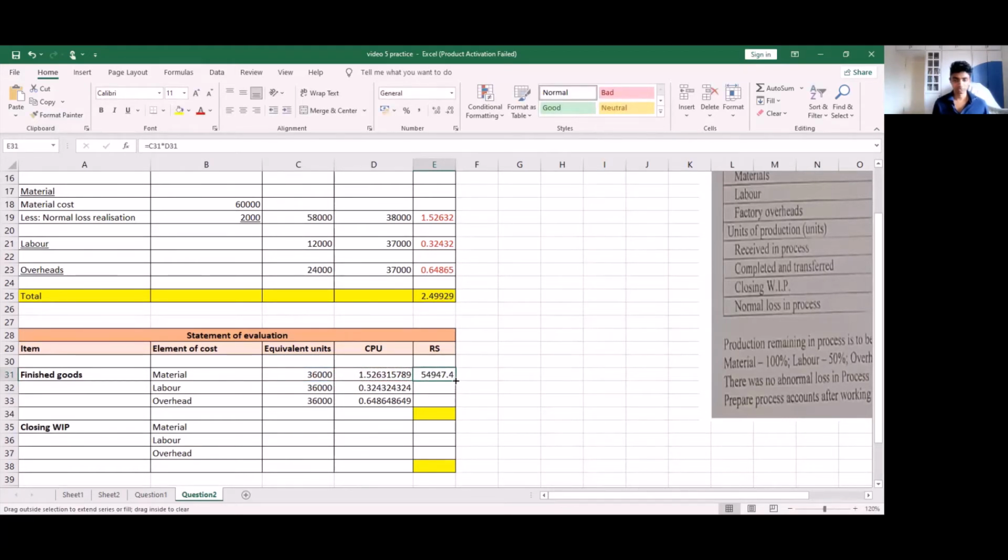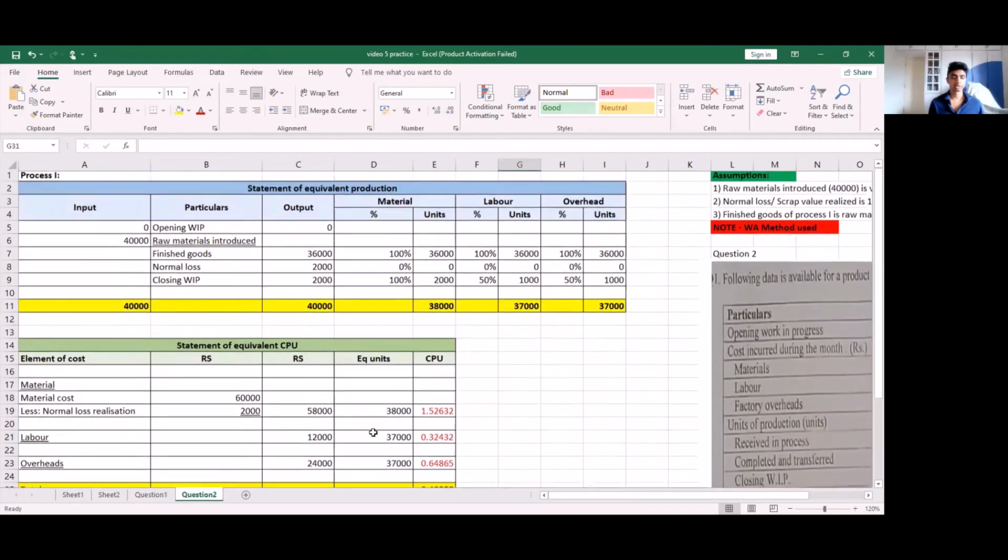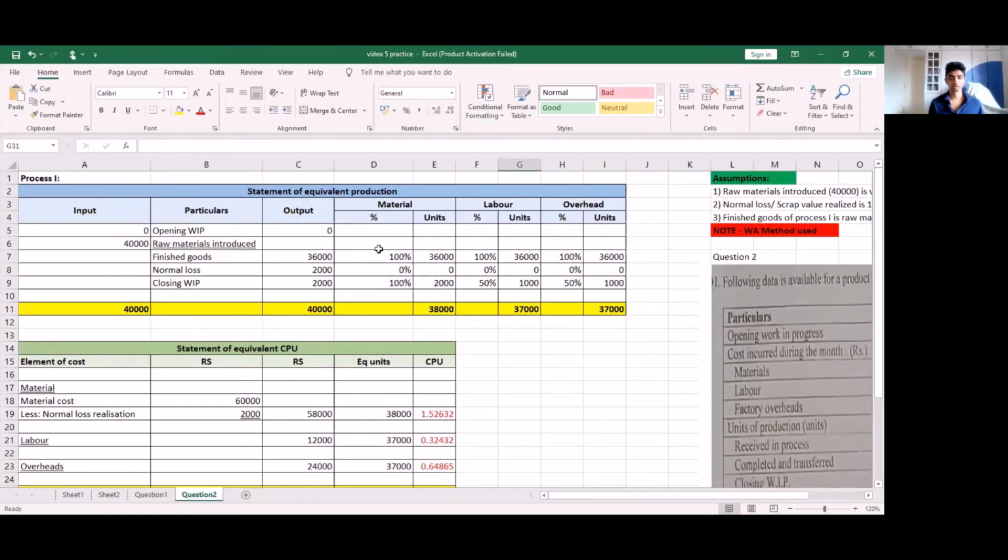We will do the same for labor and overheads, and finally sum all these values. We get our finished goods as 89,974.4.